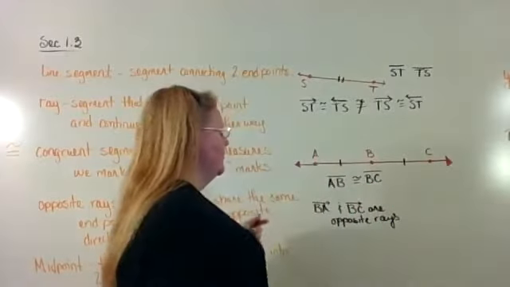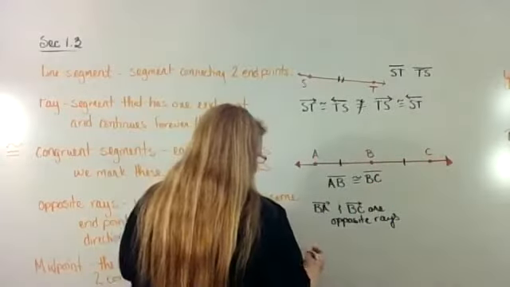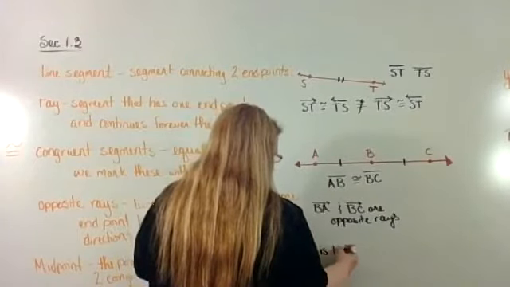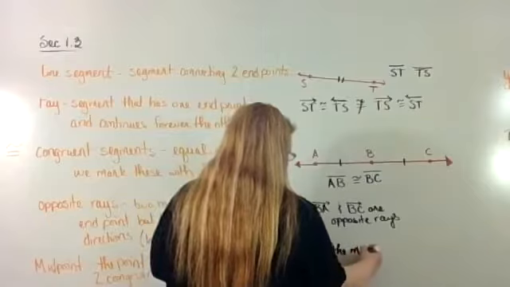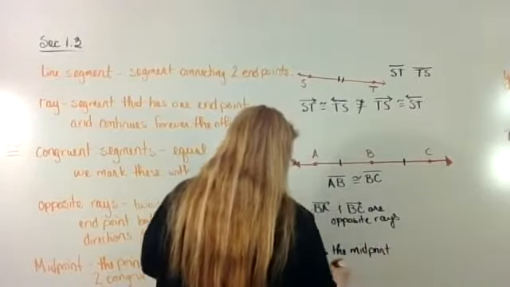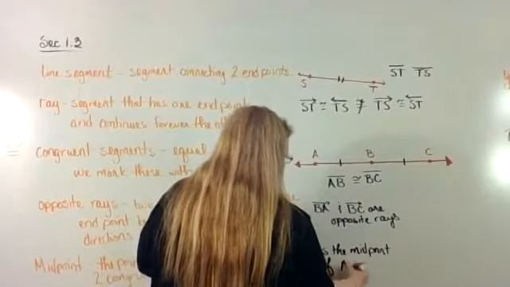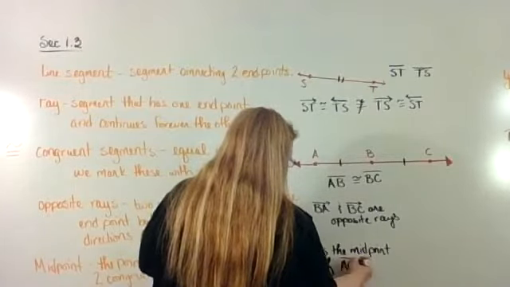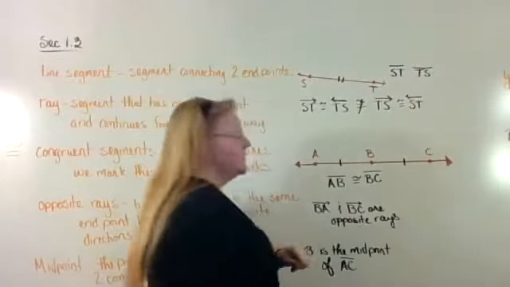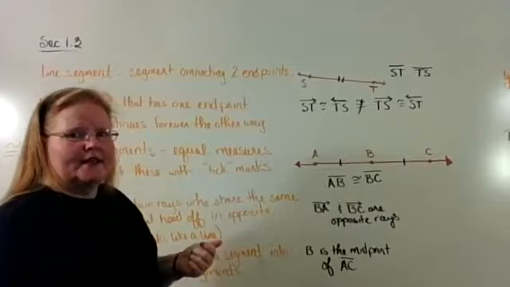Since they are congruent, that means that B is the midpoint of AC. And I'm talking about the segment AC, not the distance of AC.